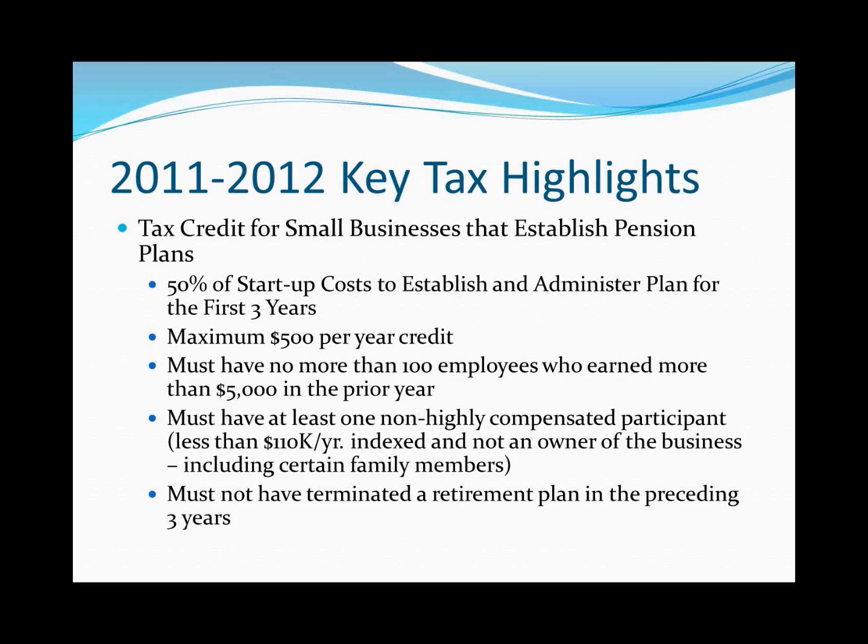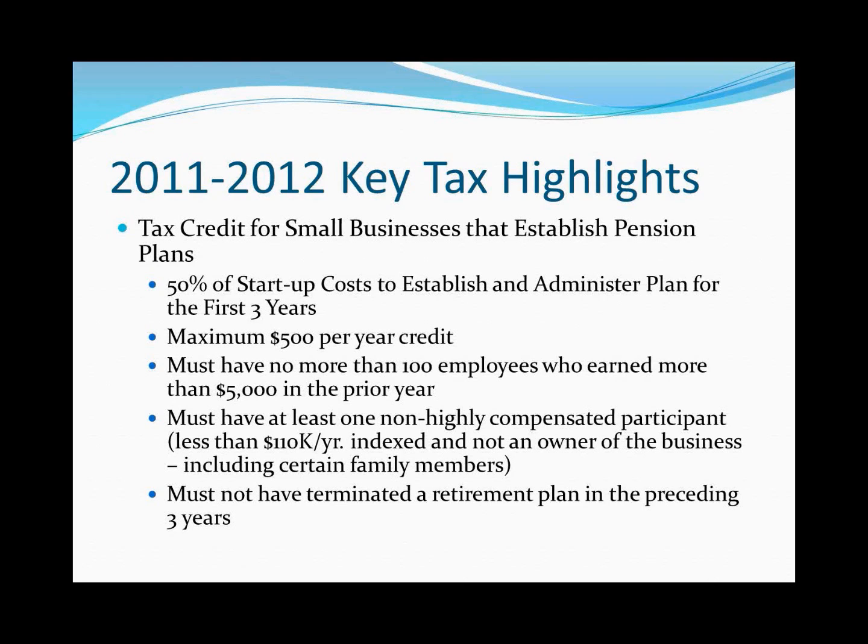And then this is a more obscure rule. They've put a credit in place for small businesses that establish a pension plan. Basically, you can take 50% of the startup costs and the costs incurred to administer the plan for the first 3 years. You can take that as a credit. The maximum credit is $500 per year.